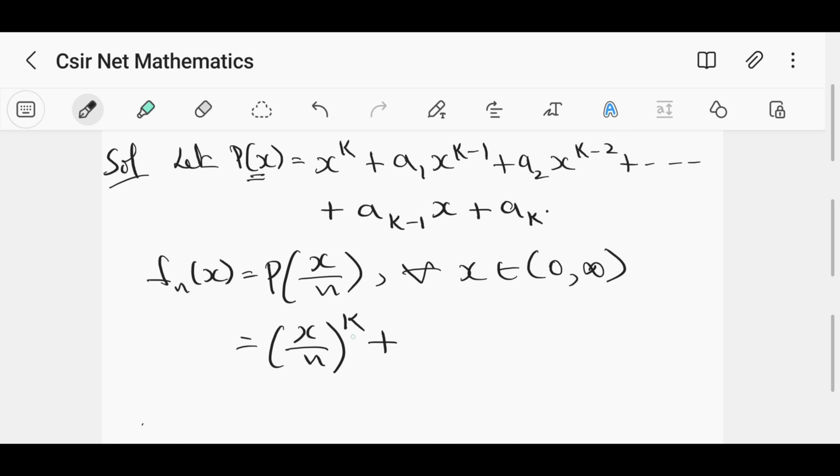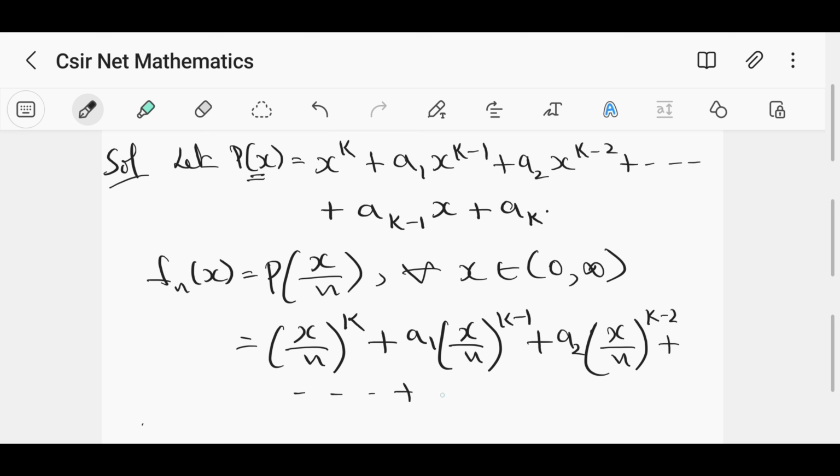So this will be (x/n)^k + a1 (x/n)^(k-1) + a2 (x/n)^(k-2) + and so on, plus a_(k-1) (x/n) + a_k. This is again for all x belonging to (0, infinity), so for all such x this polynomial exists.